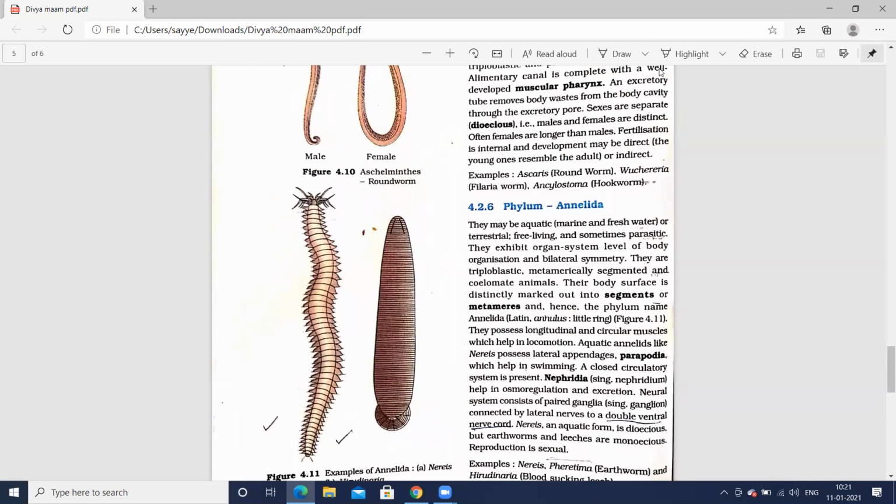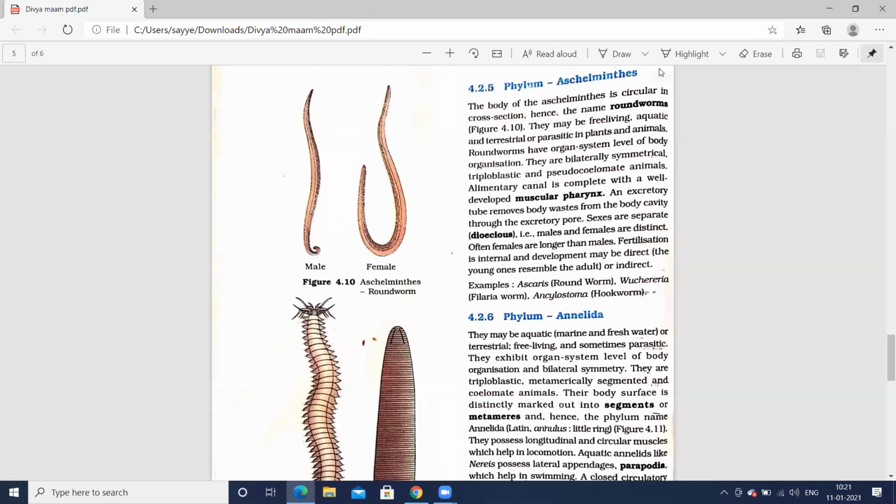Parapodia. What is the difference between flatworms and roundworms? Structurally, I'm asking why are they called flatworms and why are they called roundworms? Ma'am, flatworms are dorsoventrally flattened, while roundworms are not flattened.